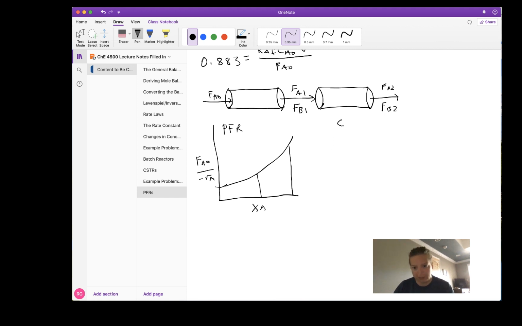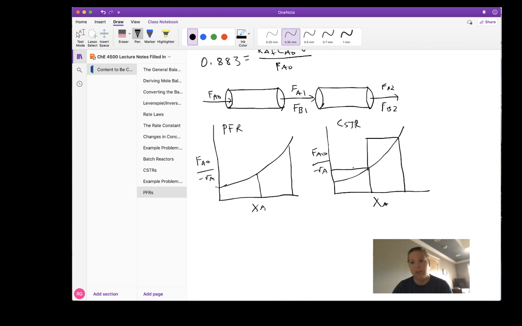Now in contrast, if I had the CSTR case, if I pick a place where I have a conversion, and then I say I want another point where I have a second conversion, in that case, the volume of the two CSTRs in series is going to be different than the volume if I had one single CSTR.